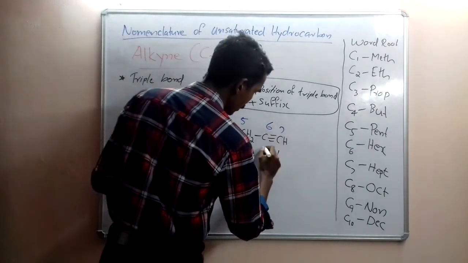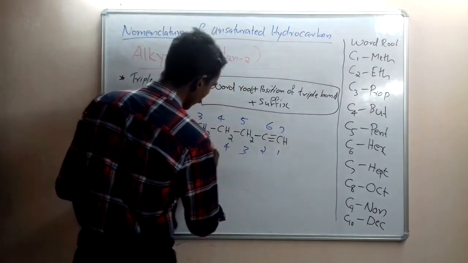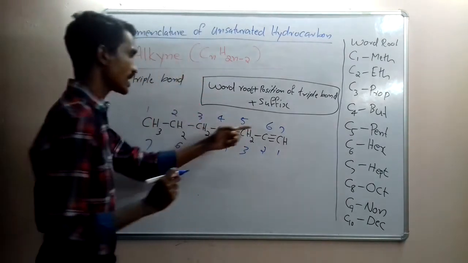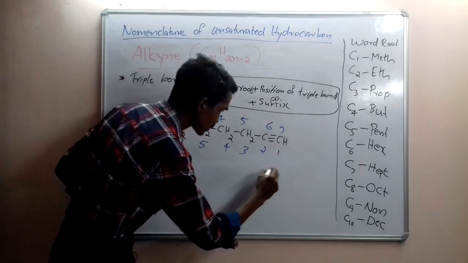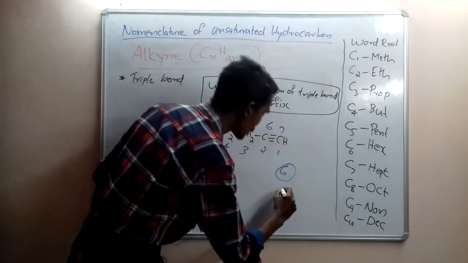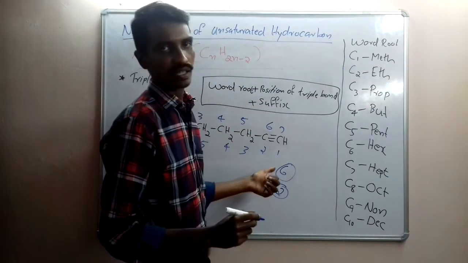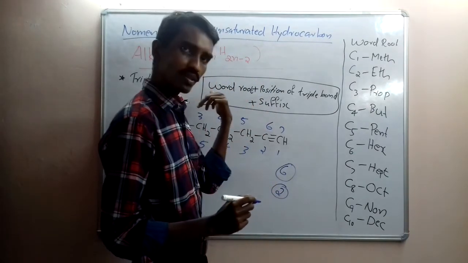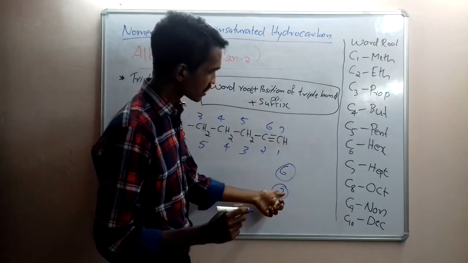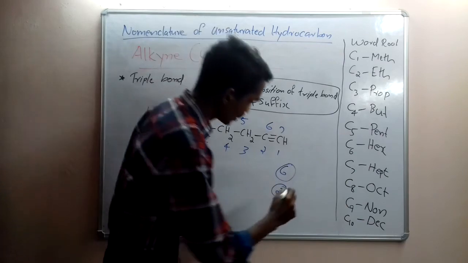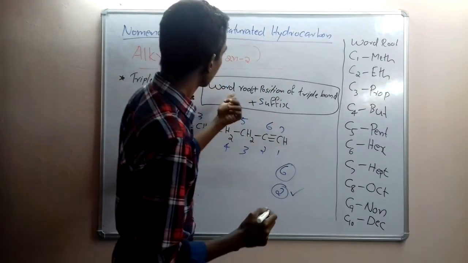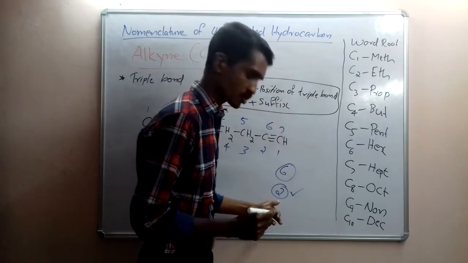From left to right its position is 6, and from right to left it is 2. As before, we take the least position, which is 2.